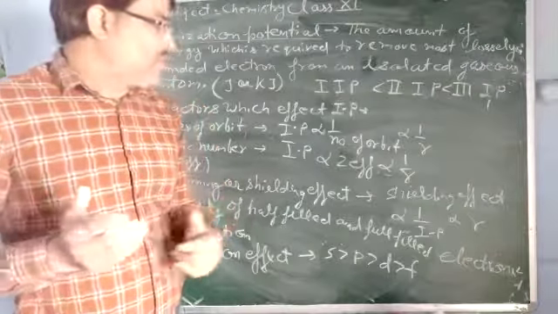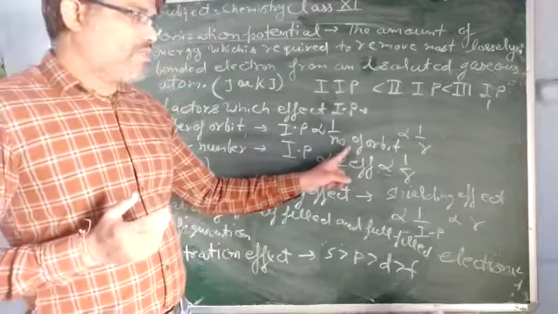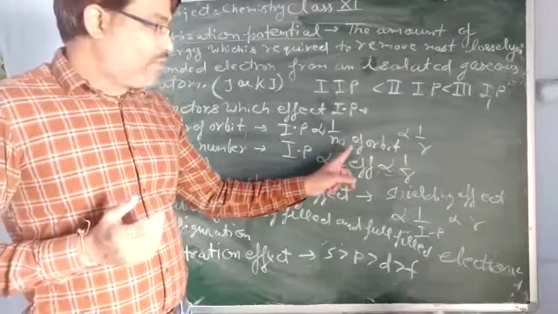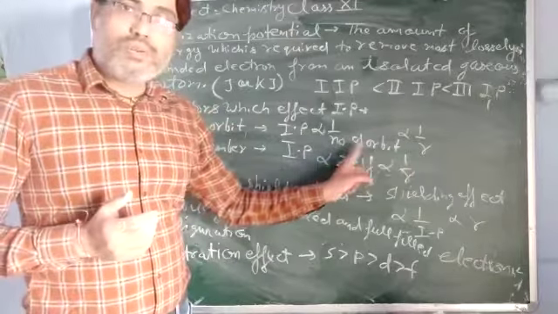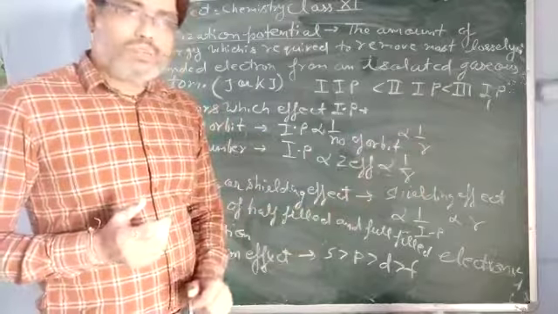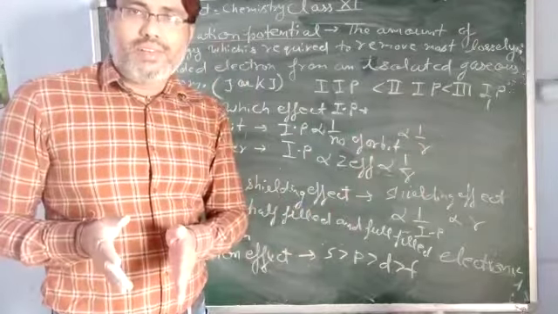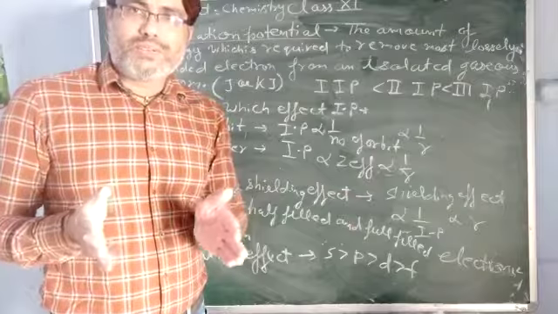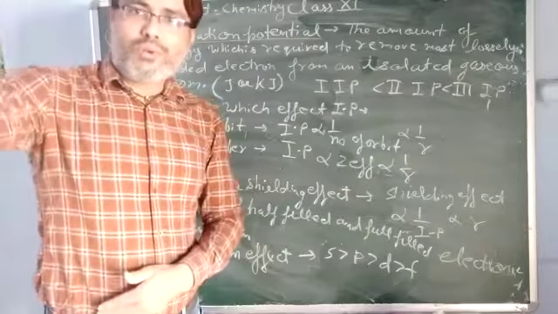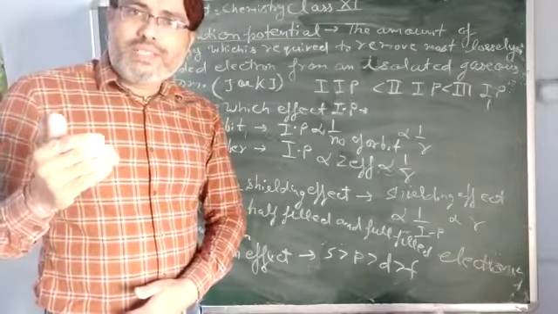IP is inversely proportional to the number of orbits, which is proportional to atomic radius. So in a group, when we move from top to bottom, the value of the IP decreases.